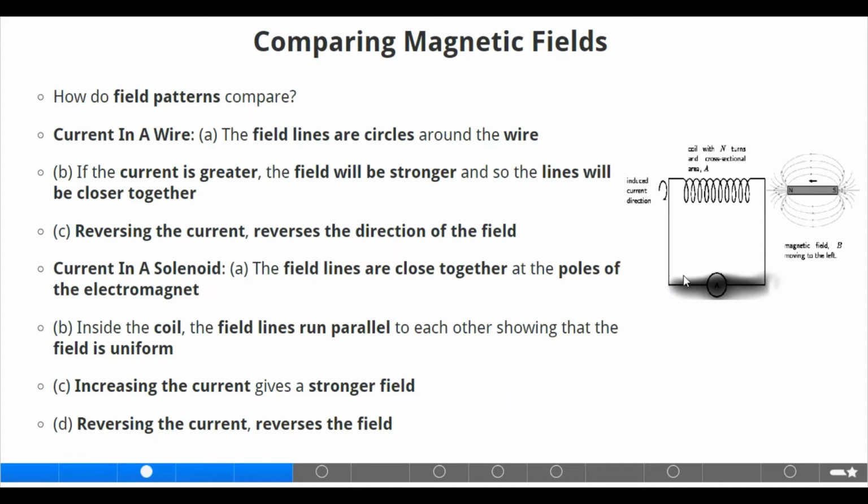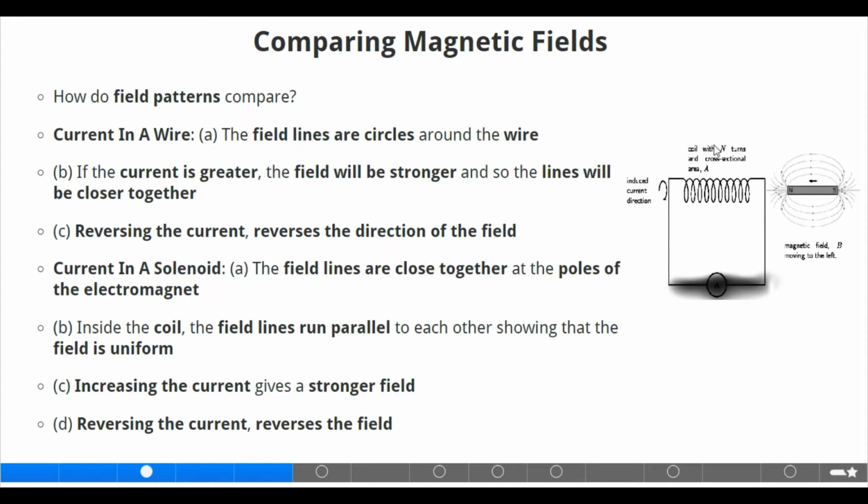Now, looking at this diagram, I can place this bar magnet inside this solenoid and determine how the current will move around the circuit. You can see the induced current direction. So the bar magnet comes into the coil of the electromagnet.